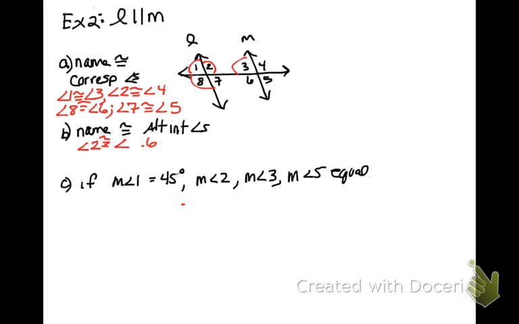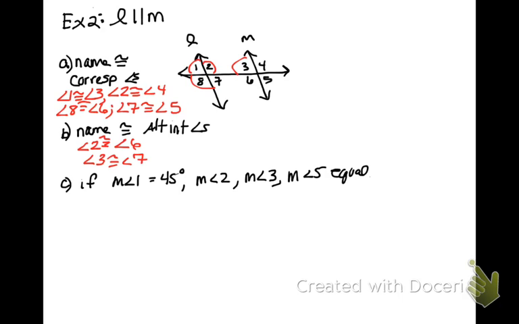The word alternate means they're on the other side of the transversal, but they're inside. And angle 3 would go with angle 7. That's all you can do. 2 and 6 are alternate to each other on the transversal, and they're inside the two lines.